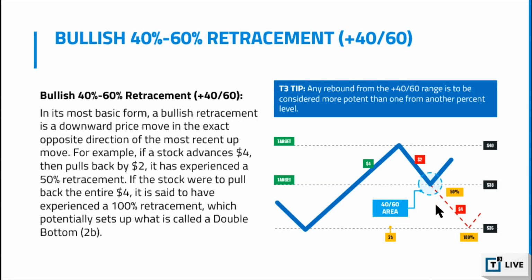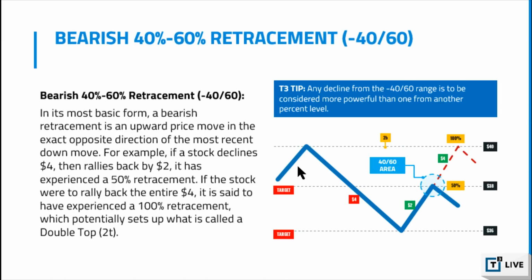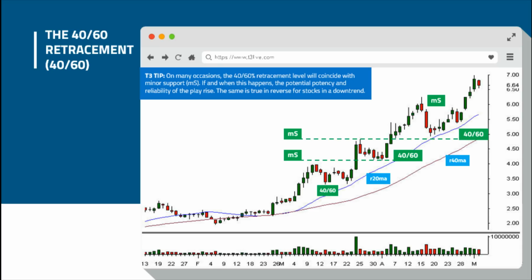That buy setup has higher odds of working if it comes from that 40 to 60% range. I'm going to put it all together for you in the next few minutes, so just stick around. If you have a stock that drops from 40 to 36, rallies to 38, that's in the 40 to 60% retracement level. That gets 10 extra points as a play. It has higher odds of working.